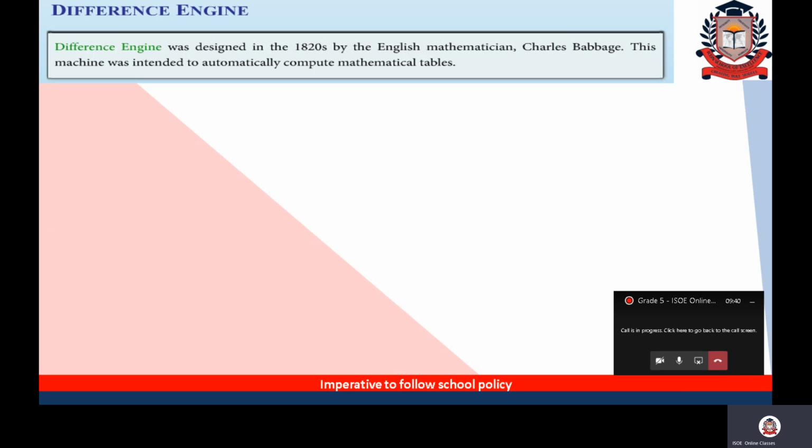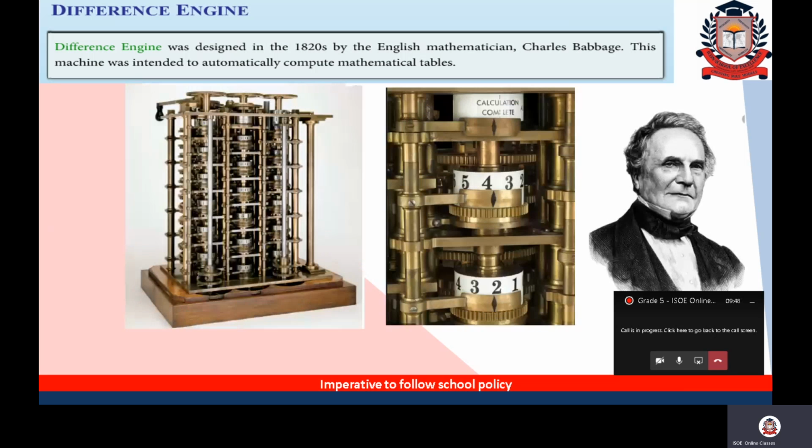It's the Difference Engine. The Difference Engine was designed in the 1820s by the English mathematician Charles Babbage. This machine was intended to automatically compute mathematical tables. Okay, he designed this for calculating mathematical tables.